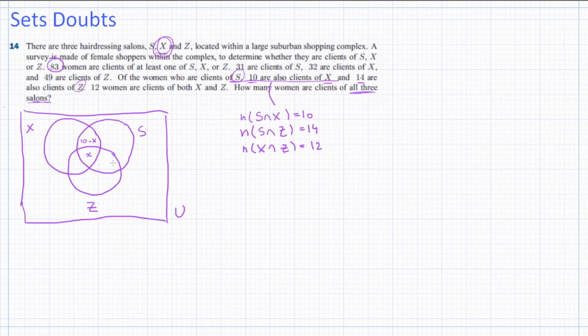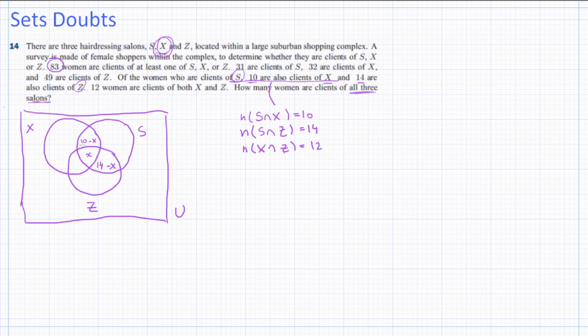If we look at our intersection in the Venn diagram, S and Z would be this portion here. If I'm already considering x women here in the middle, and it should be 14 total, this will be 14 minus x.